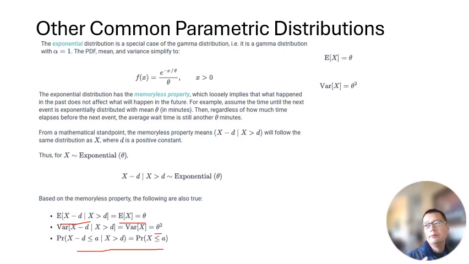So it doesn't matter who comes first; the waiting time for the second person will always start fresh. The first person doesn't determine how long it will take for the second person to come. That's why it's called the memoryless property.